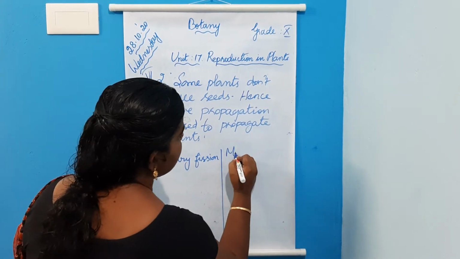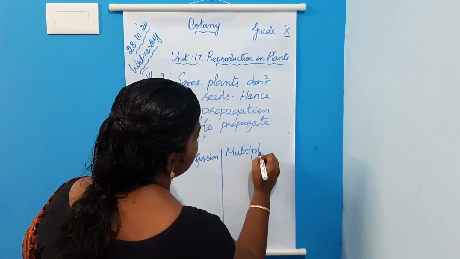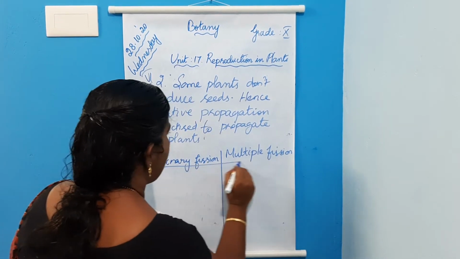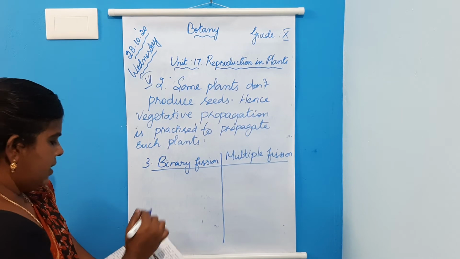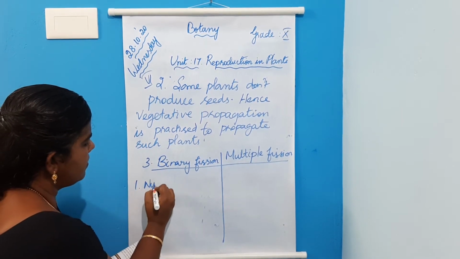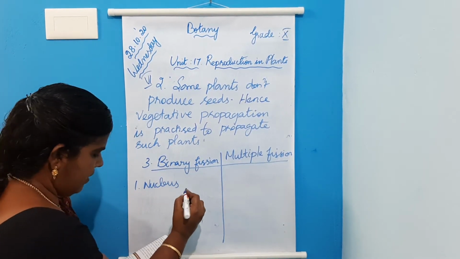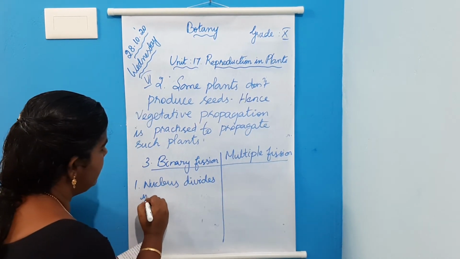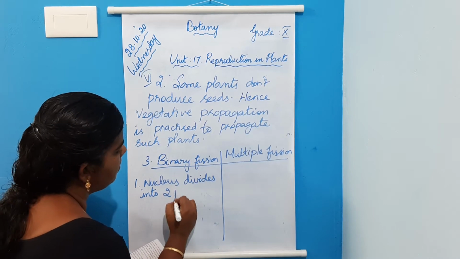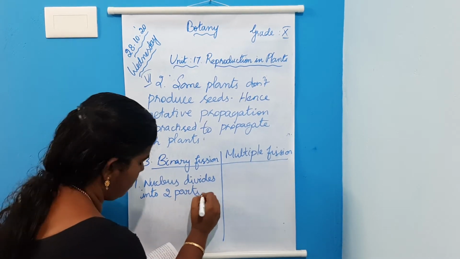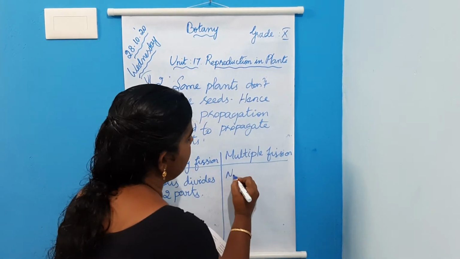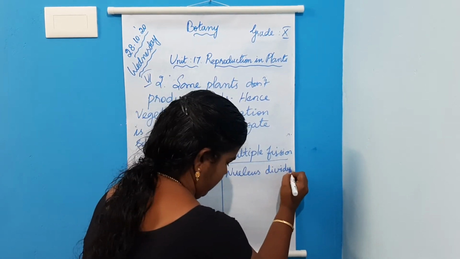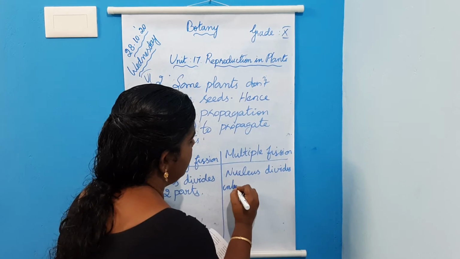First point: in binary fission the nucleus divides into two parts. Here, in multiple fission, the nucleus divides into many parts.